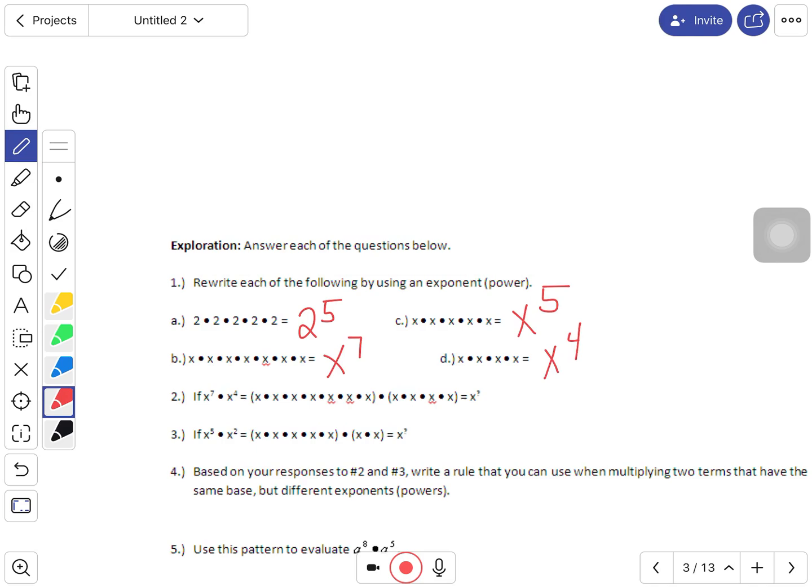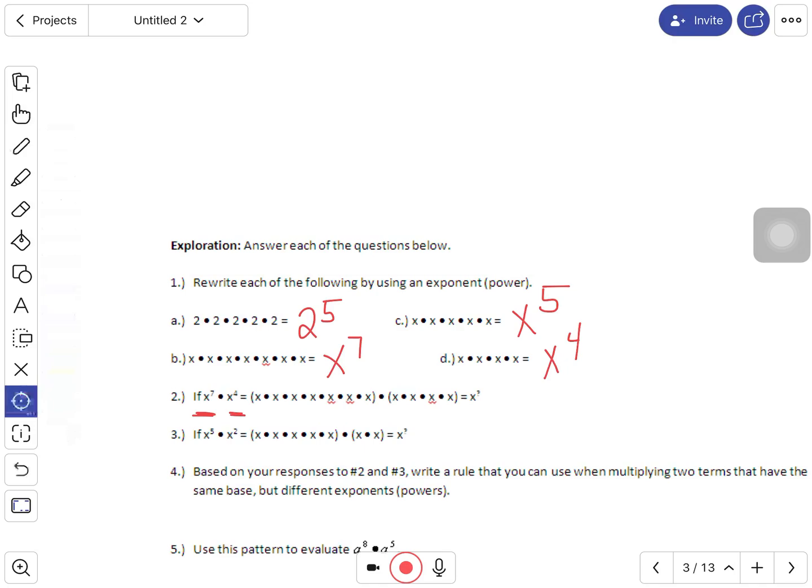And then, I don't know if you noticed or not, but they said, take your x to the 7th and multiply it by your x to the 4th. So what do you end up getting when you do that? Well, let's count them up. 1, 2, 3, 4, 5, 6, 7, 8, 9, 10, 11 x's all multiplied together.